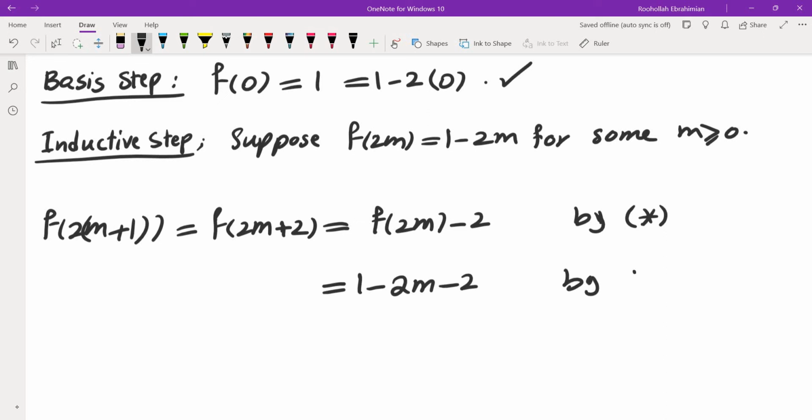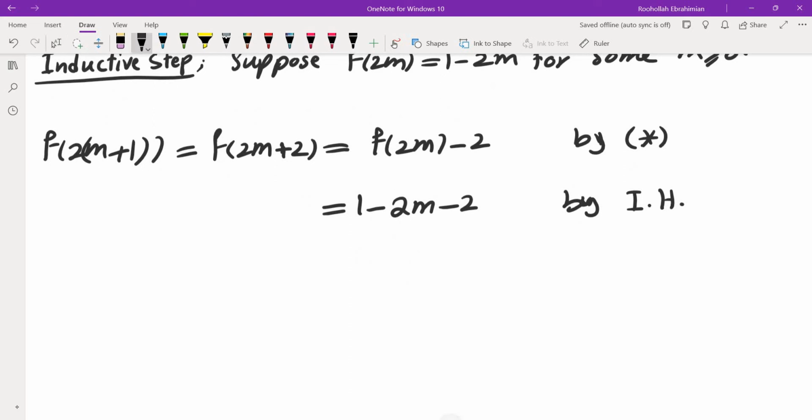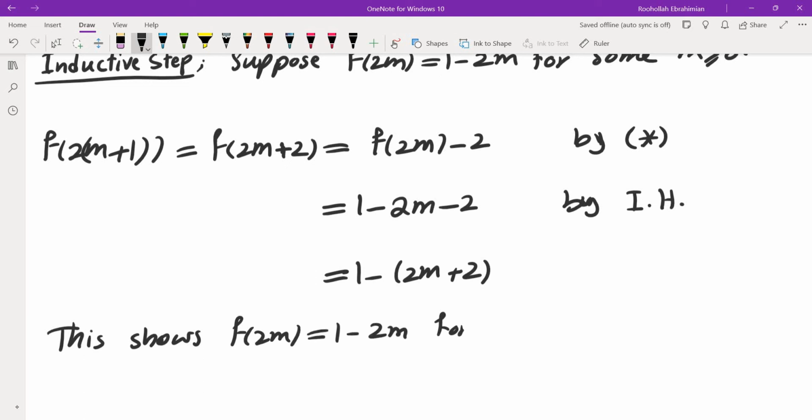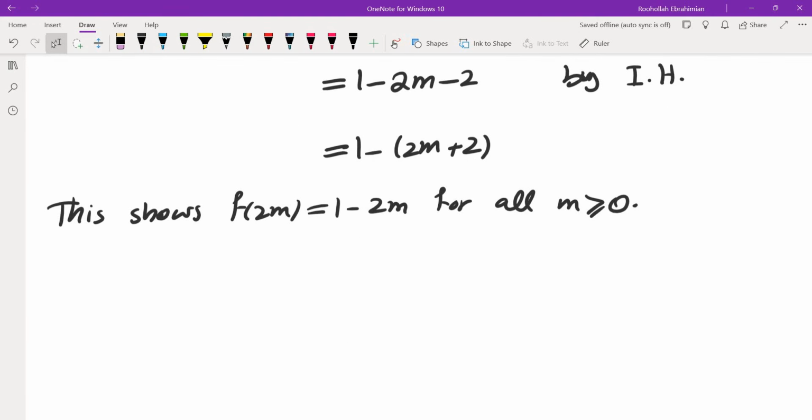This is by inductive hypothesis. By inductive hypothesis, f of 2m is 1 minus 2m. And that is 1 minus 2m plus 2. So this completes the proof by induction. So this shows f of 2m for every m greater than or equal to 0. Okay, so that's the first step.